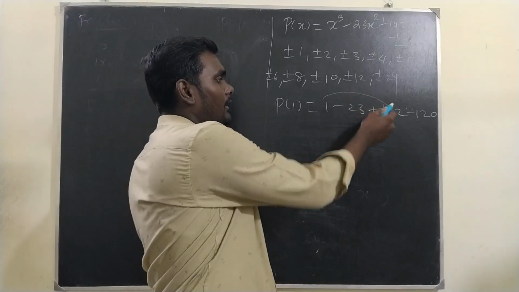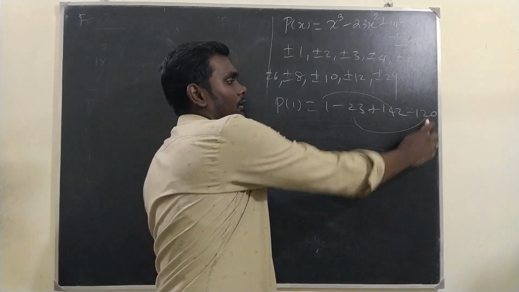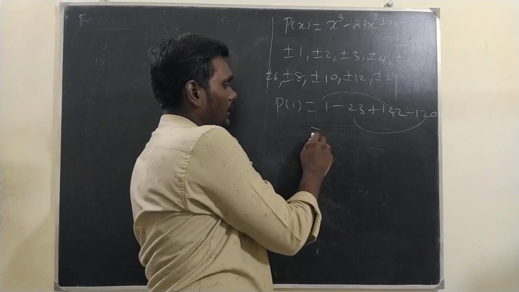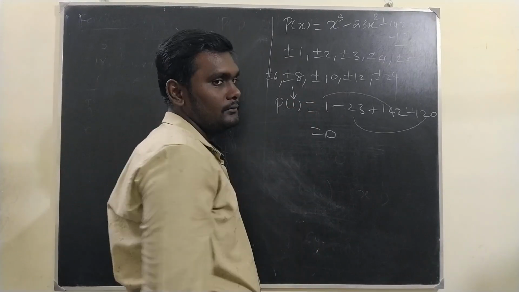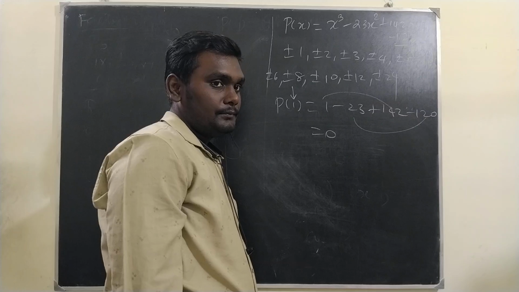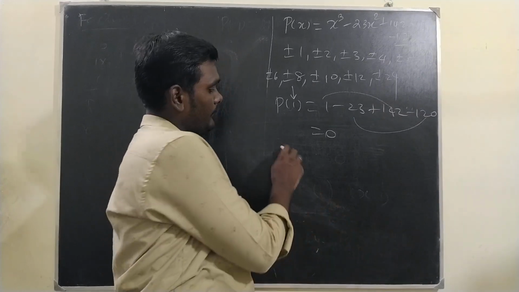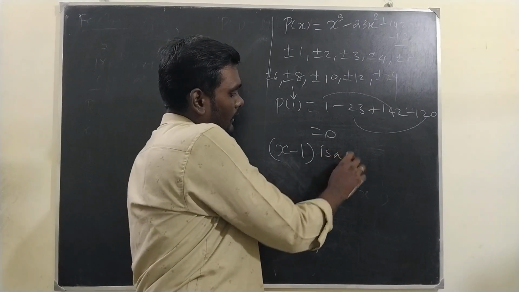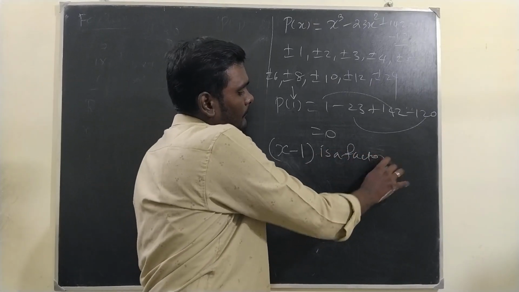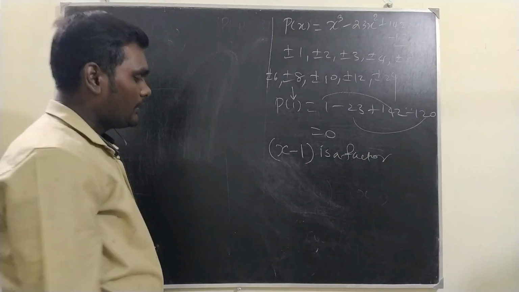When you add this, 143 minus 143 equals 0. Listen closely. The number you substituted is 1 and you got 0 at last. Now the factor is x minus the number you substituted. Using this factor, we are going to do synthetic division.